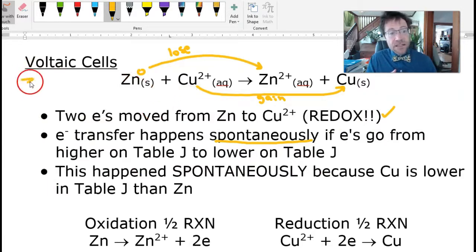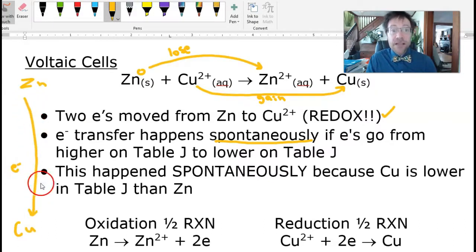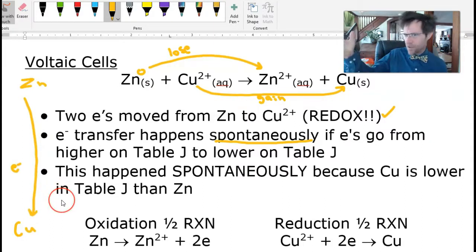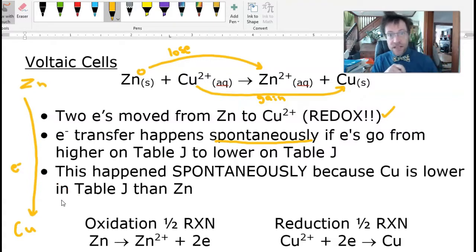If it is zinc up top and copper down low, and the electrons drop like this, that means it'll happen spontaneously. In other words, if we set this up as a battery, it'll just start working like a battery, making electricity. Let me go check table J. Yep, sure enough. Zinc is higher than copper on table J. So this will happen spontaneously. That is spectacular.